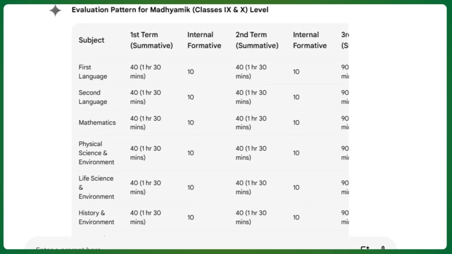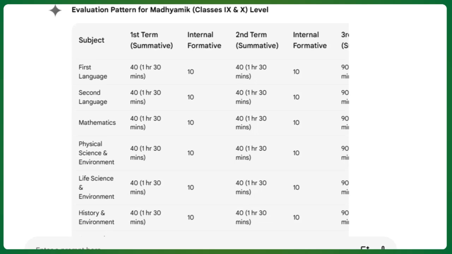The first term is of 40 marks, 40 minutes, and 40 marks of 130 minutes. Internal formative 10 marks. Second, summative of 40 marks containing 1 hour and 30 minutes.